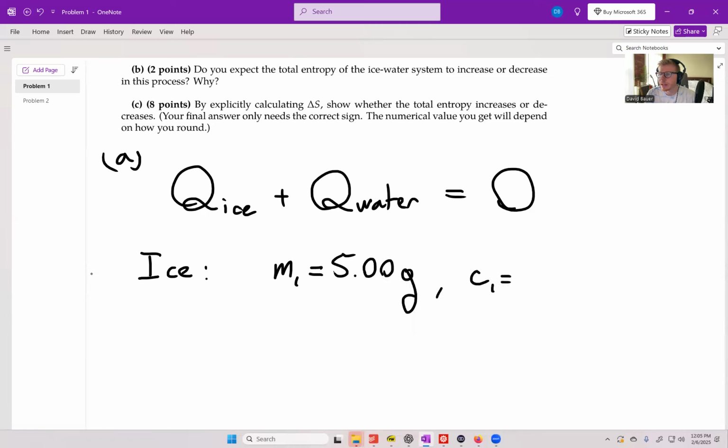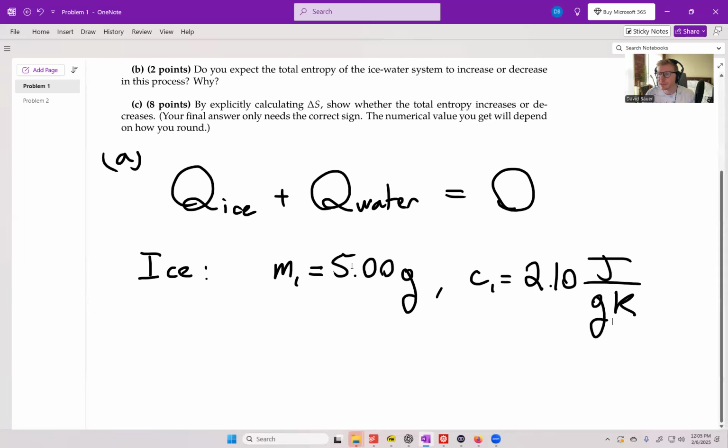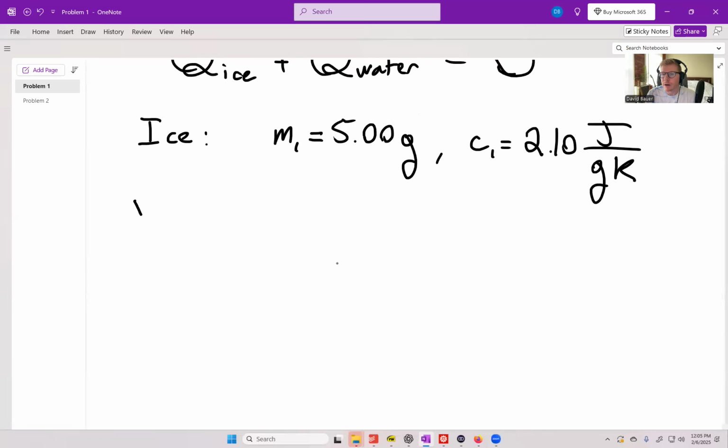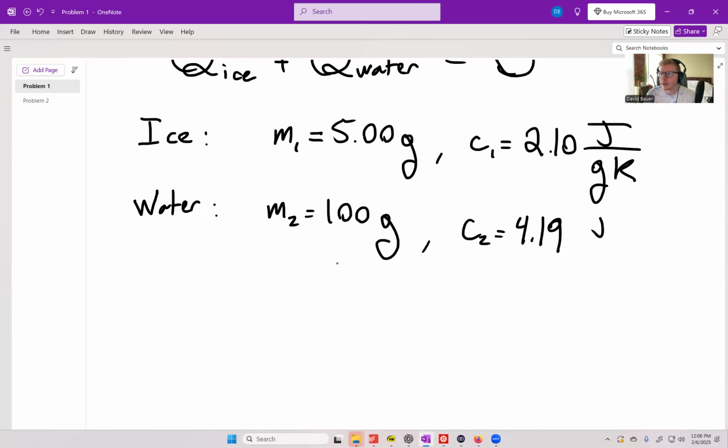The specific heat of the ice, at least while it's still solid, is 2.1 joules per gram Kelvin. I gave the mass and the specific heat here both in grams, so you didn't have to convert to kilograms. And then for the water, the mass is 100 grams, and the specific heat is 4.19 joules per gram Kelvin.